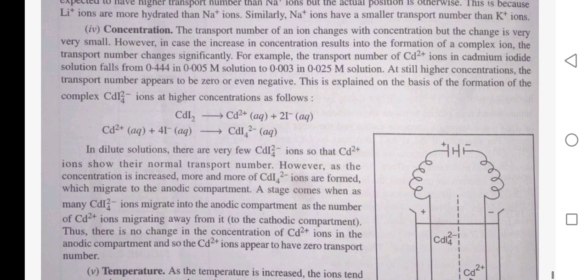Concentration. The transport numbers of ions change with concentration, but the change is very small. However, in case the increase in concentration results in the formation of a complex ion, the transport number changes significantly.